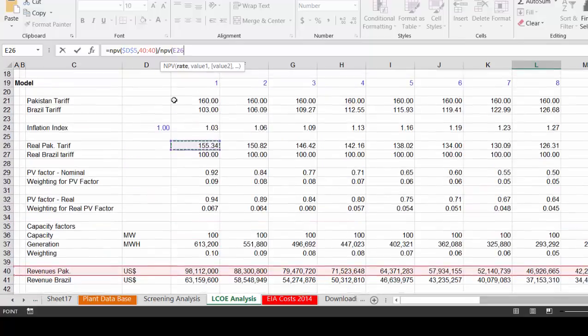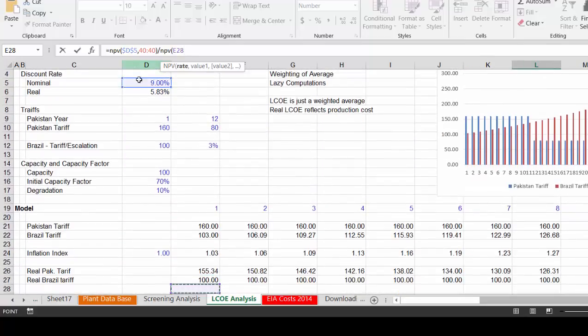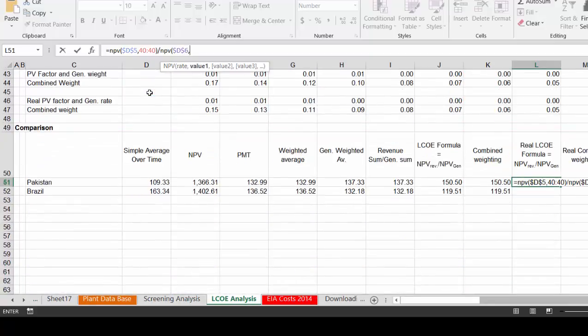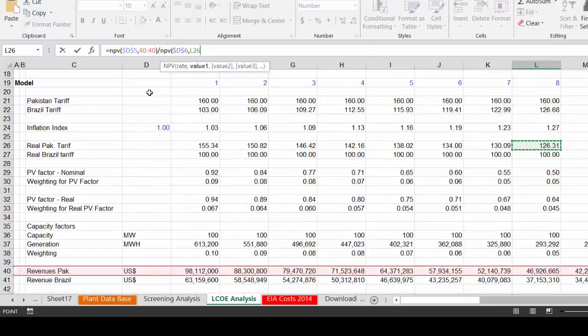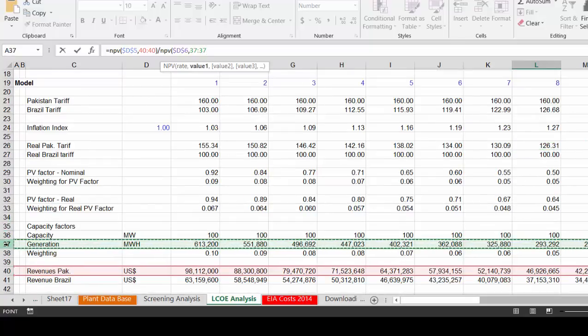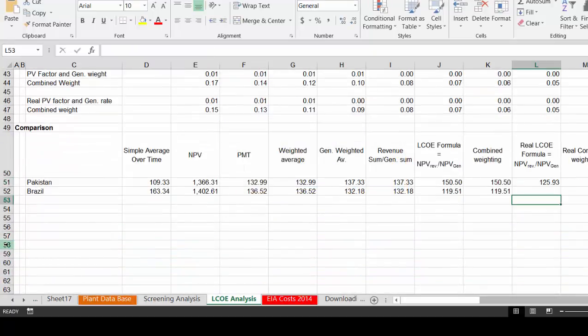We use the real discount rate of 5.83, F4, and take that against the generation. We notice the nominal rate goes with the nominal revenues and the real rate with the real generation, and you get exactly the same result.